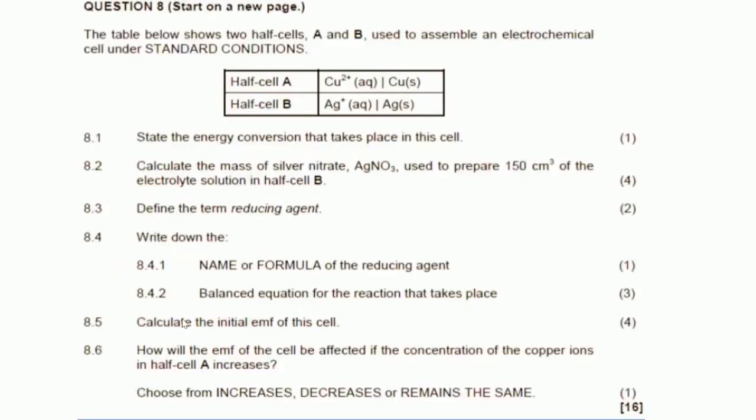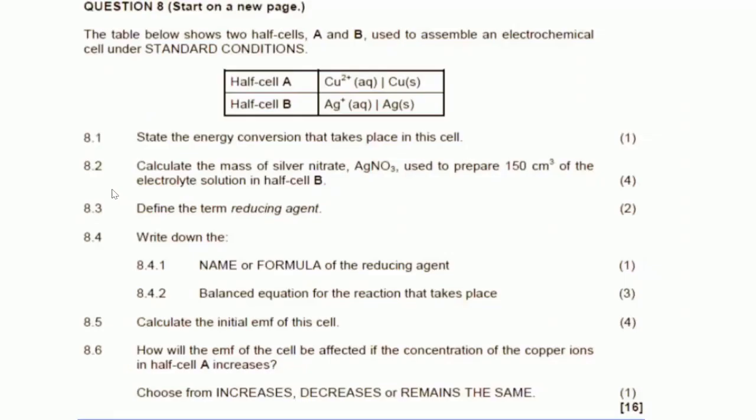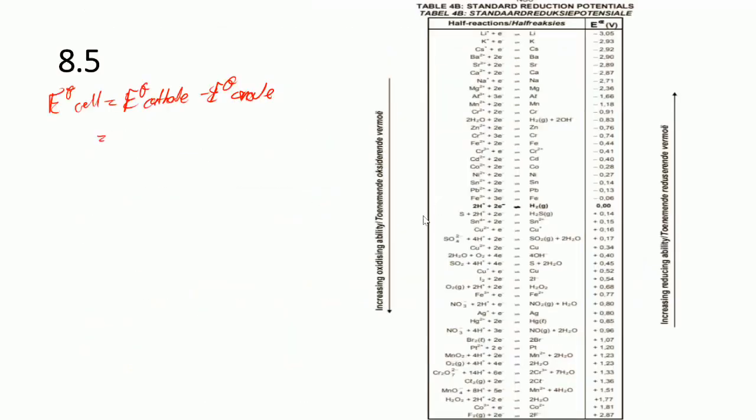Okay, we have 8.5. It says calculate the initial EMF of this cell. To calculate the EMF, E cell equals E cathode minus E anode. Now, what is our cathode? We already identified that it's the Ag, and the reading for Ag is 0.80.